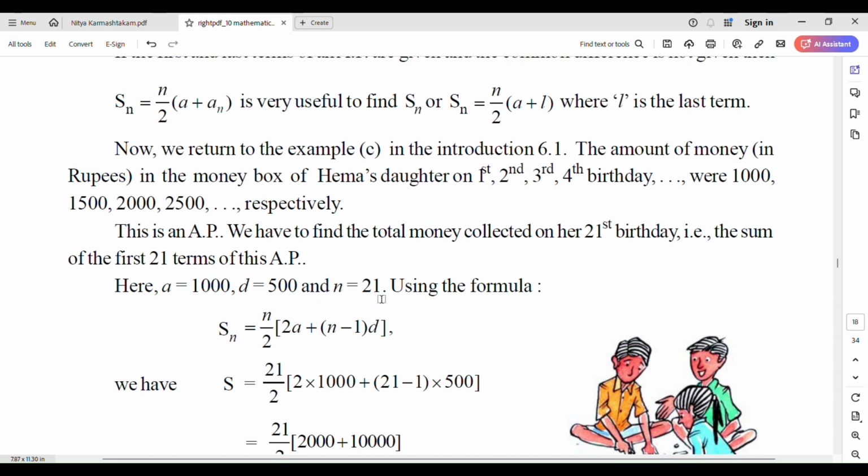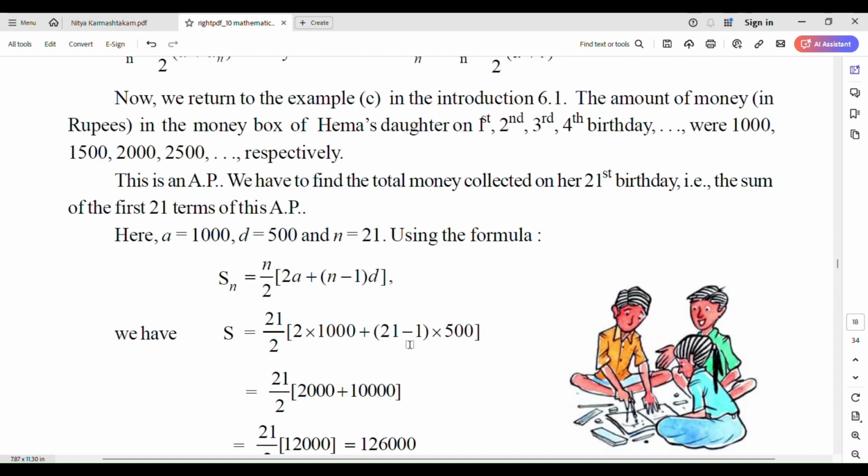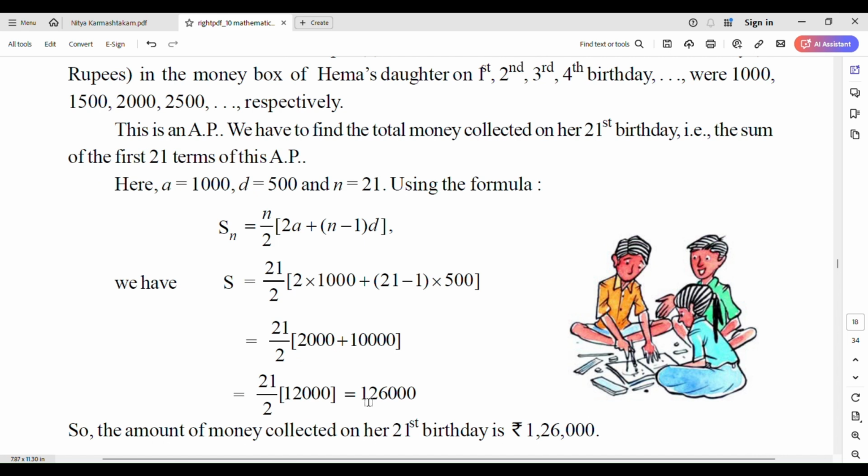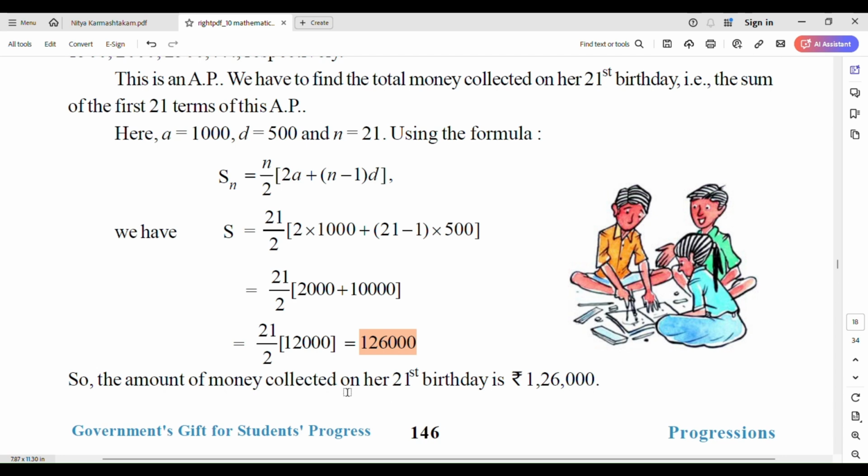After 21 years you want to find out what the total amount will be. So Sn equals n by 2 into 2a plus n minus 1 into d. If I substitute the values, the answer I will get is 1,26,000. This is the amount she will have when she reaches 21 years, correct?